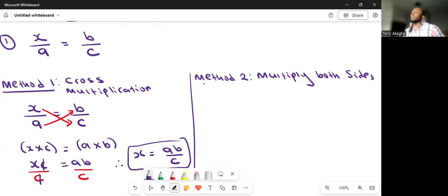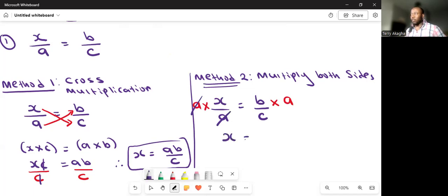Now, if you want to use the second method, multiplying both sides, you have x over a is equal to b over c. To get rid of this fraction, I'm going to multiply here by a, and I'm also going to multiply here by a. Then this is going to cancel that.